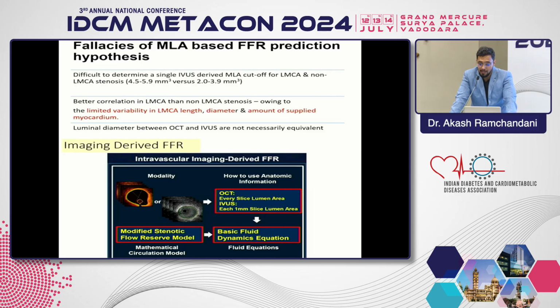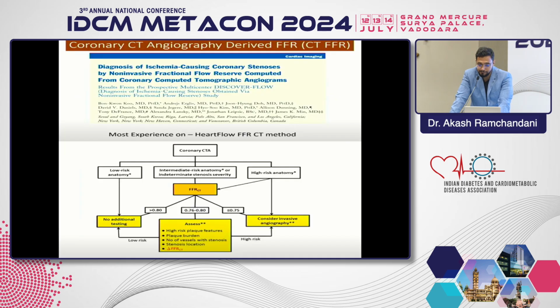So now the concept has come of OCT-derived FFR and IVUS-derived FFR, which are basically based on the basic fluid dynamic equation, and by that they measure FFR. Still it is not useful for practical purposes, but this concept has arrived in cardiology.